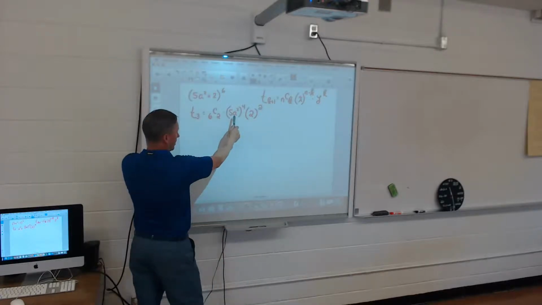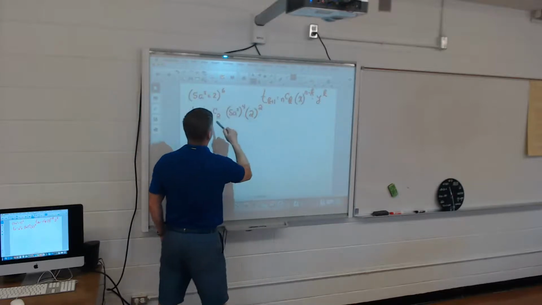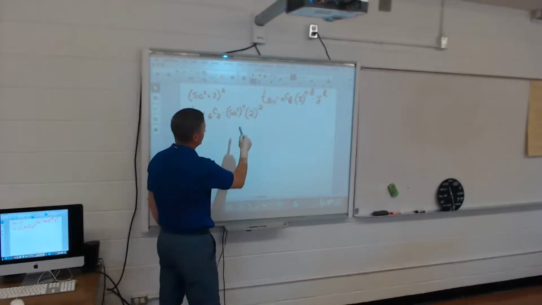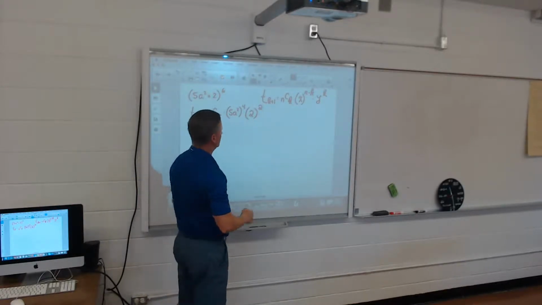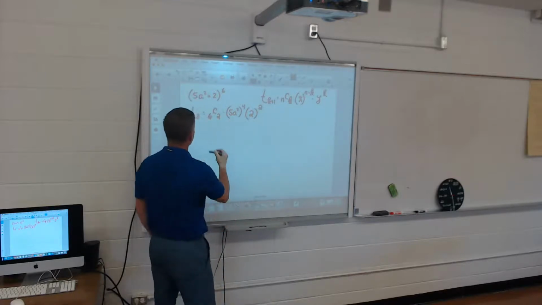So again, my n is 6. My k is 1 less than that term, which is 2. Basically, to get this exponent here, I subtract those 2. I know that that's going to be the same as my k value every time.